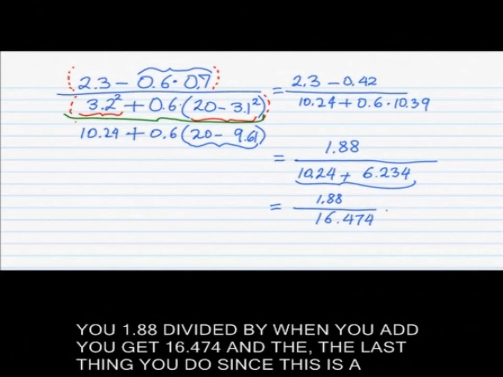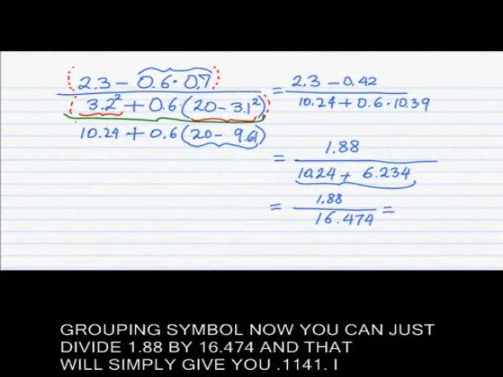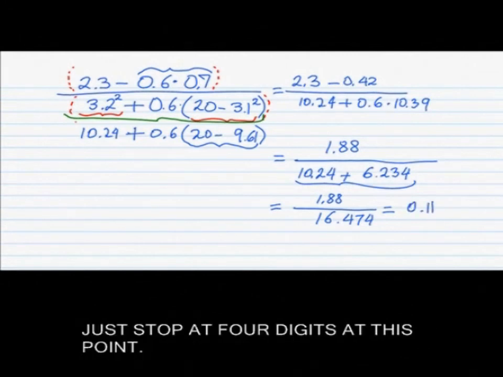And the last thing you do, since this is a grouping symbol, now you can just divide 1.88 by 16.474, and that will simply give you 0.1141. I just stopped at 4 digits at this point.